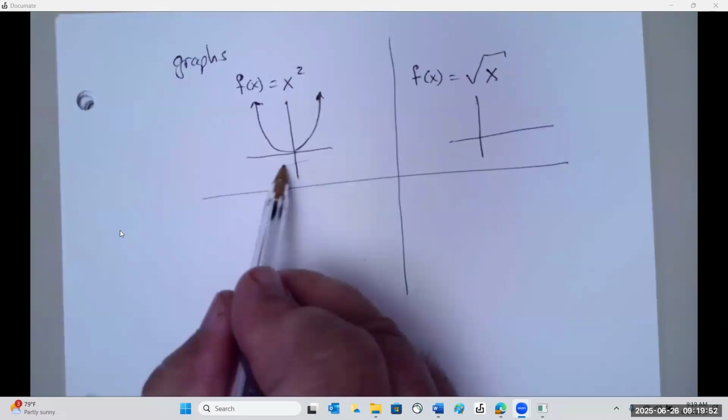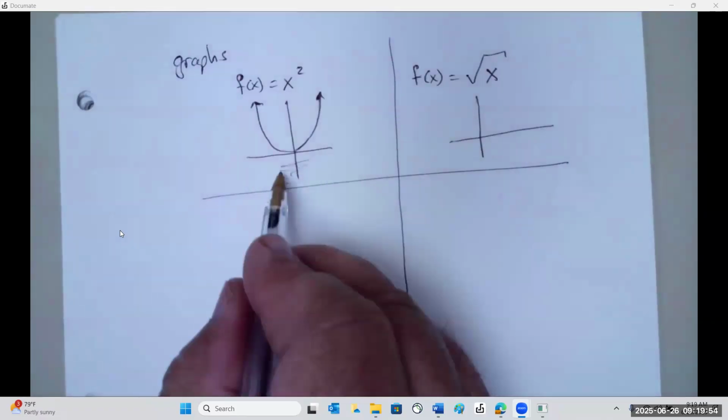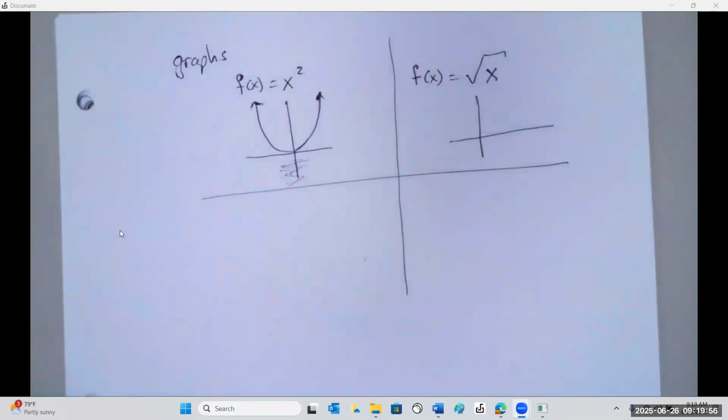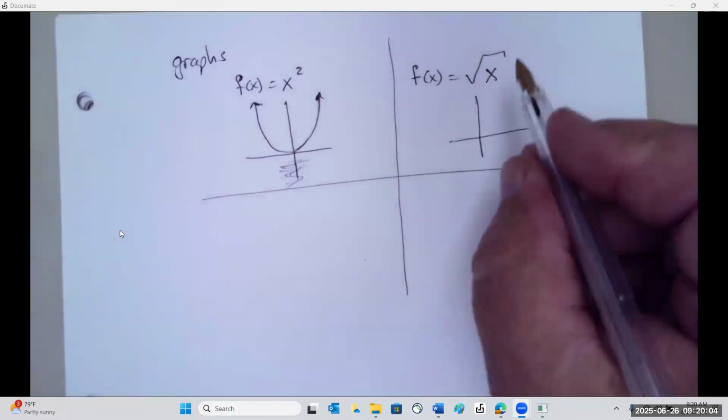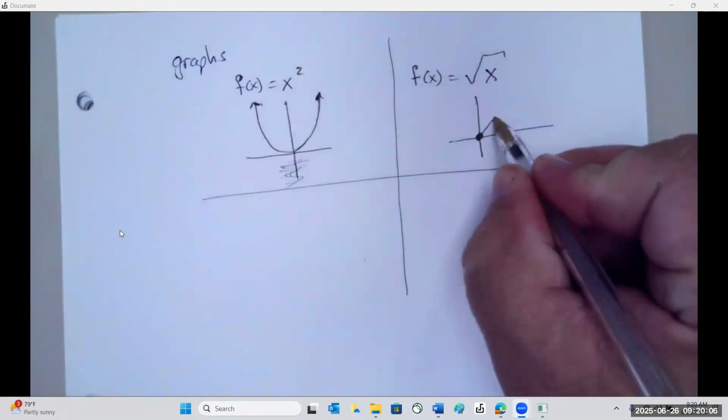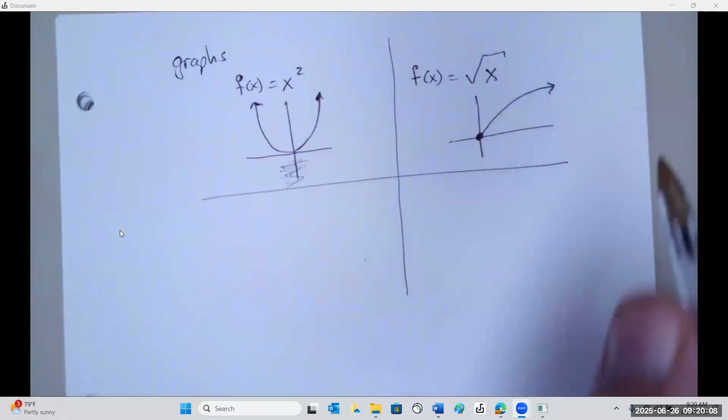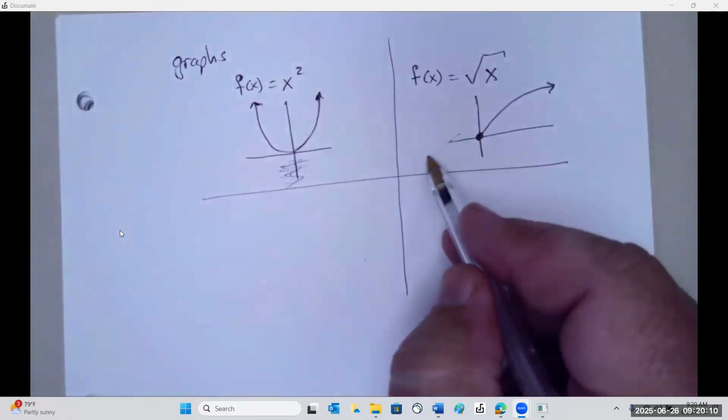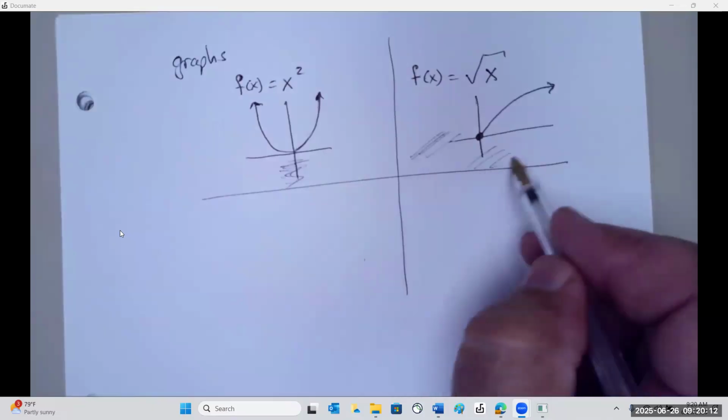Notice there's no negative answers. So the answer can never be negative. That's how come we can only have positive answers. And the square root, the smallest it can be, we cannot put negatives in there and we cannot get negative answers.